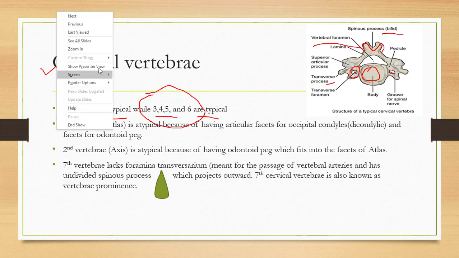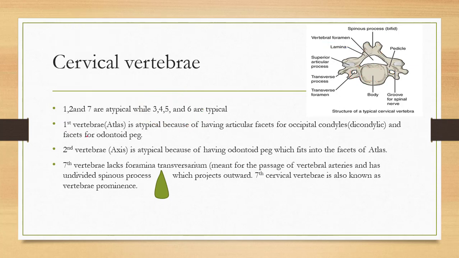So why are we saying that the first, second and seventh vertebrae are atypical? So let's see. The first cervical vertebrae is called atlas. So it is atypical because of having articular facets for occipital condyles. Facets are like depressions, pits, in which the two occipital condyles, located beside the foramen magnum, come and fit into the atlas.